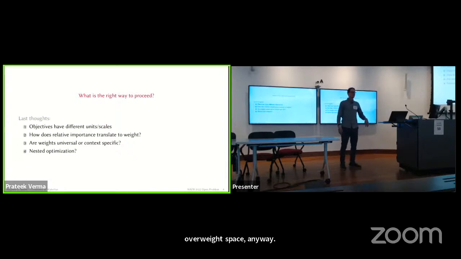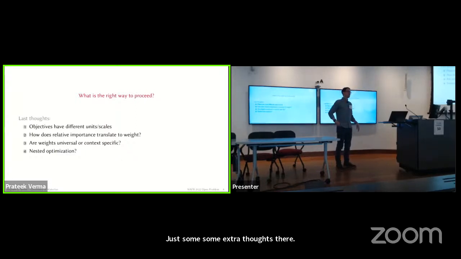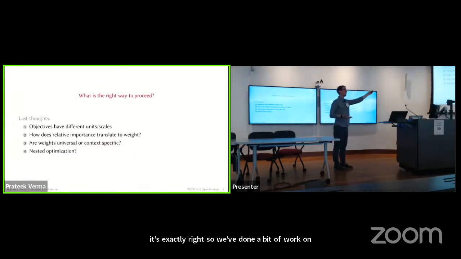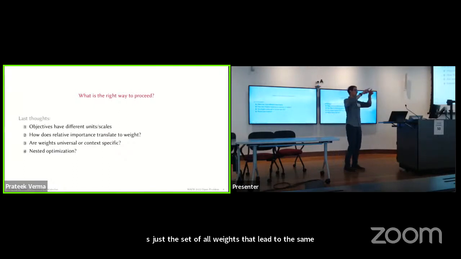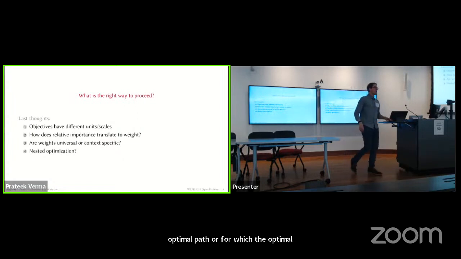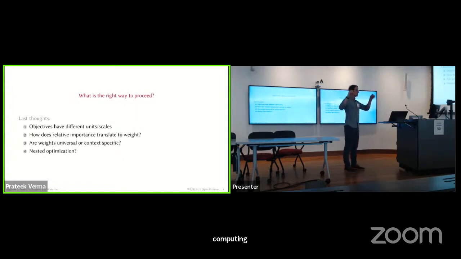No, it's a great observation, and what you say is exactly right. We've done a bit of work on identifying what we call equivalence regions, which is the set of all weights for which the optimal path is the same. There are some nice properties, like that set's convex. Computing it, though, and its extent is not easy.